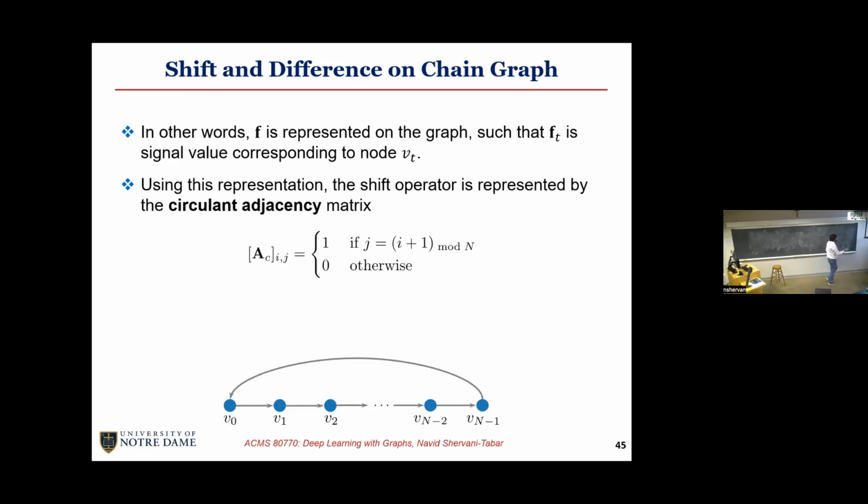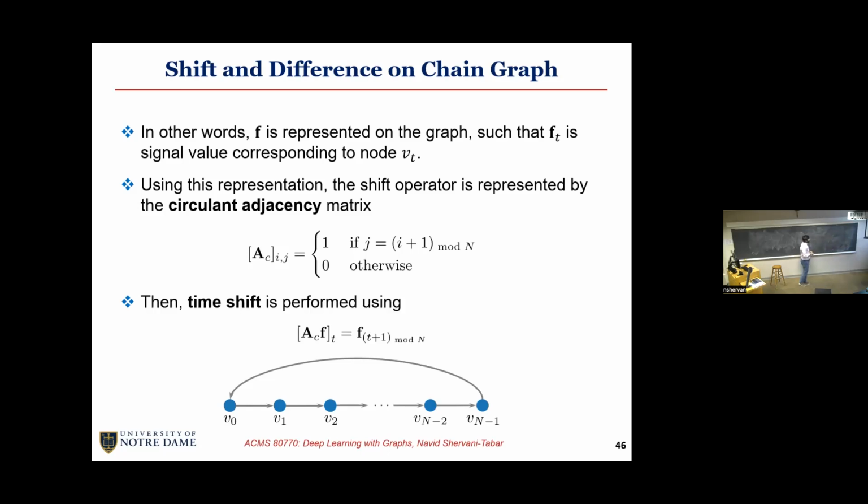What that means is that, first of all, this is a directed graph, as you can see on the figure. So it is not symmetric. Our circulant adjacency is not symmetric.